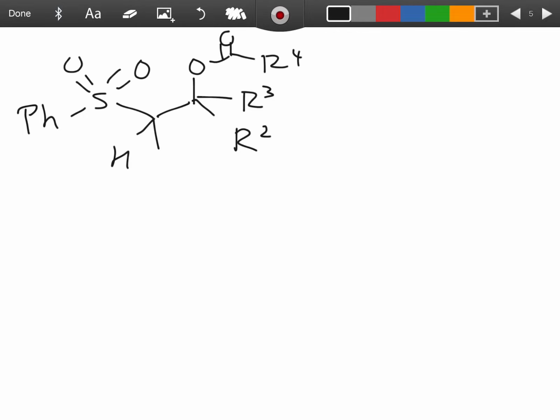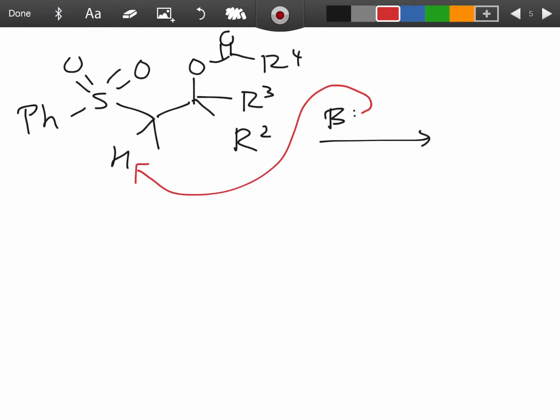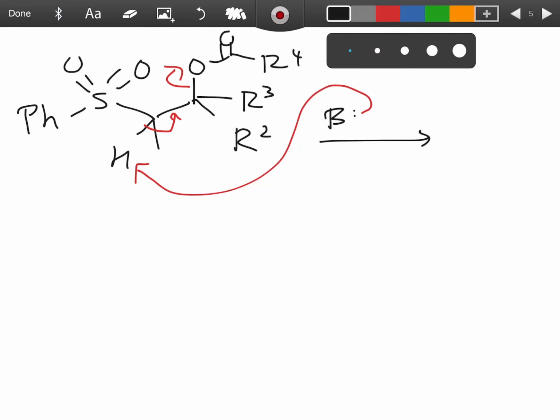I'm drawing a hydrogen. So the base in the reduction will come grab this hydrogen. This hydrogen is acidic, right? Again, because it's beside the electron withdrawing sulfone. And then those electrons will come down and push off the ester, the acetate.